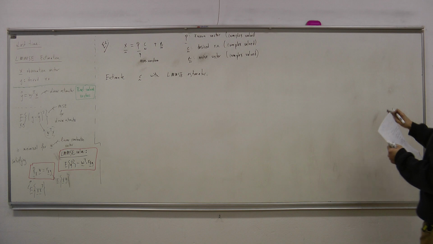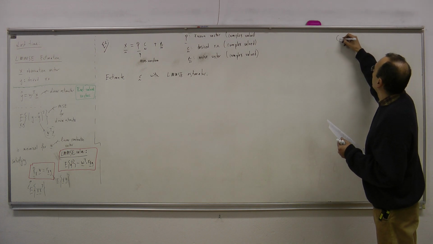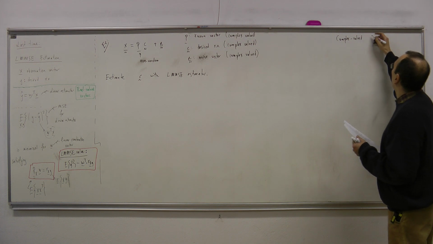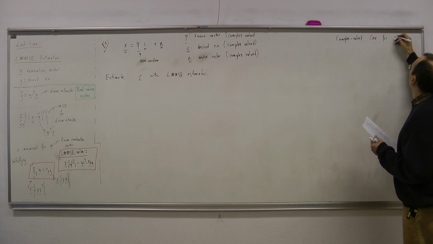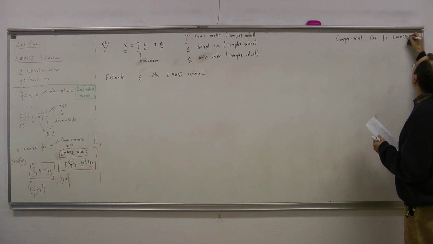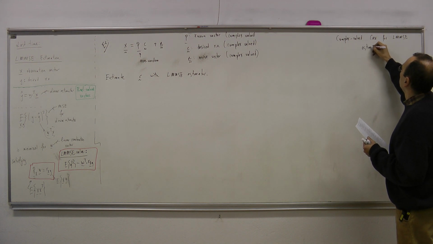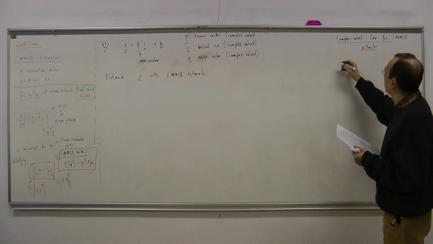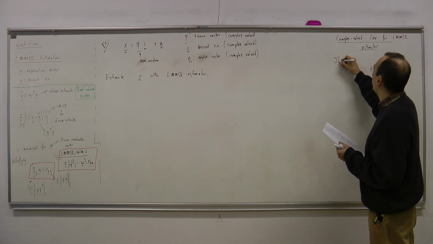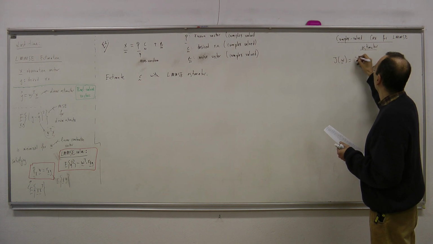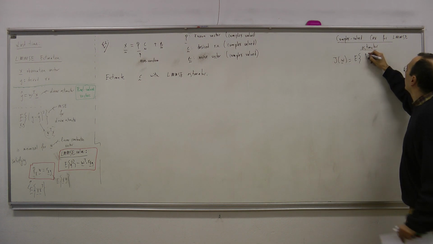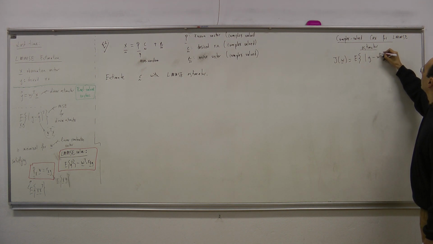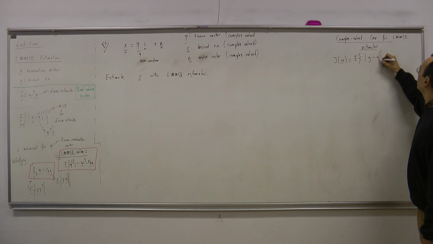Now I would like to discuss the complex valued case for the linear minimum mean square error estimator first. So how should I start? Now I have some weights and a desired random variable y. Let me write y hat.